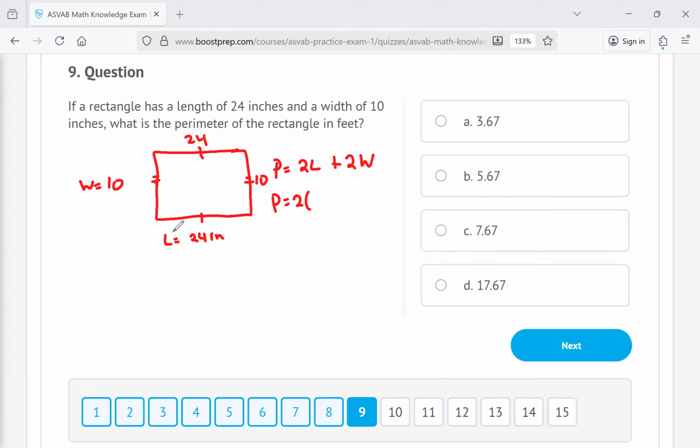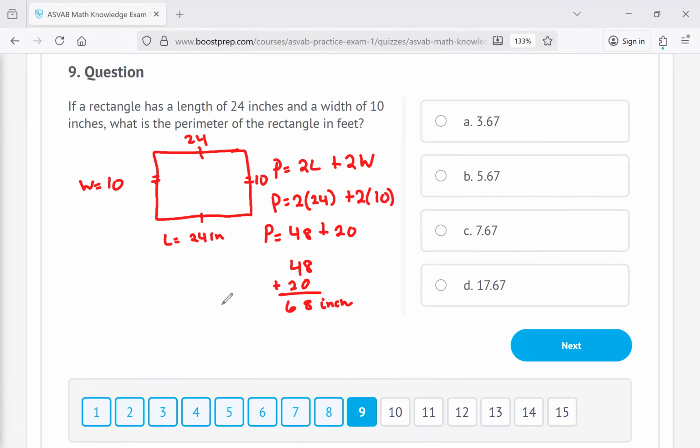So it's 2 times length. My length is 24, plus 2 times W, which is 10. So what's 2 times 24? 48. 2 times 10 is 20. What's 48 plus 20? 68. But keep in mind, we're in inches.